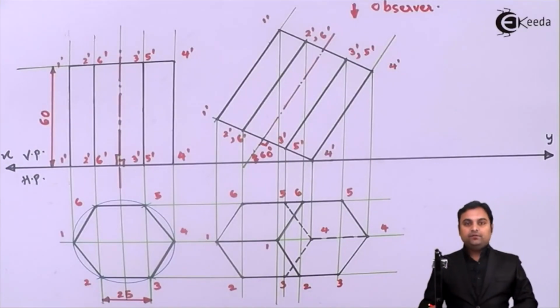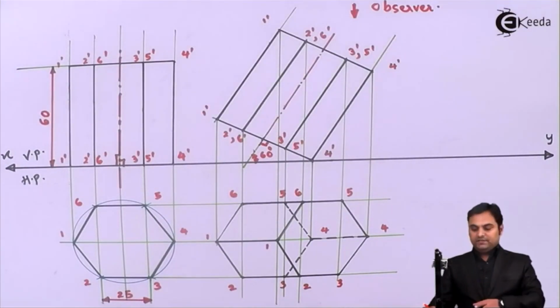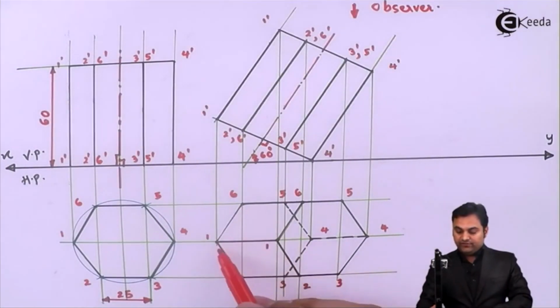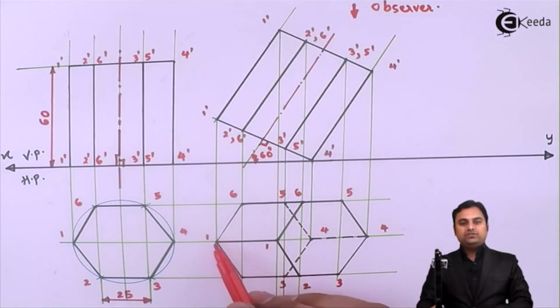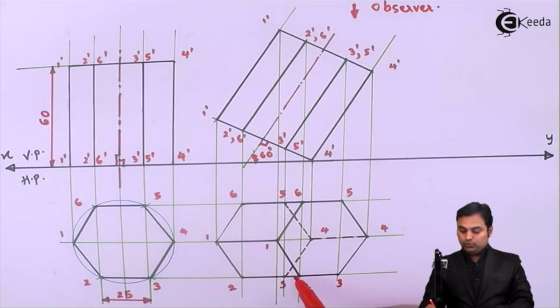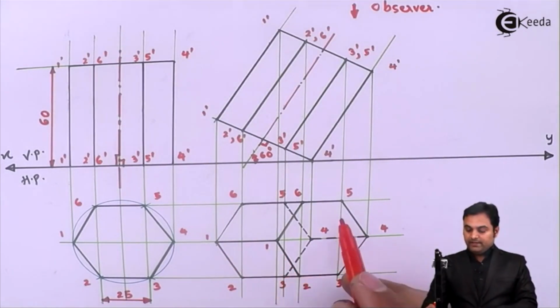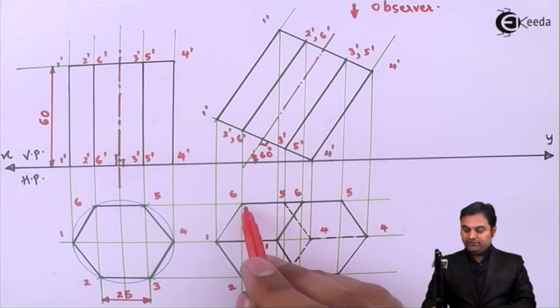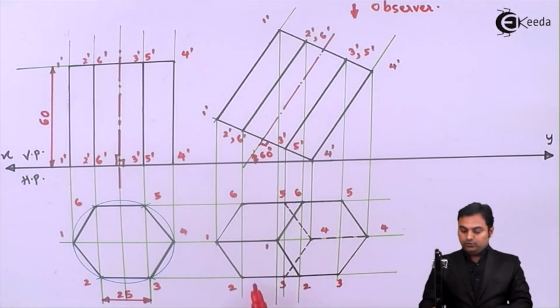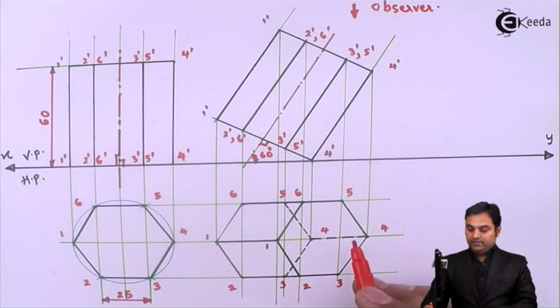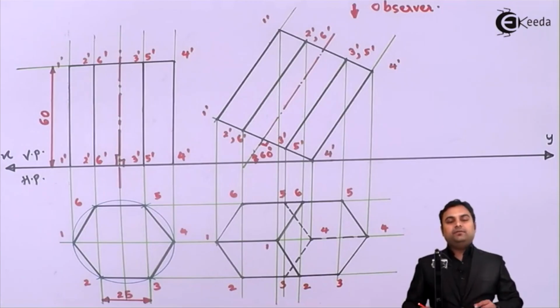And as we see, for this hexagonal prism, the rectangular faces 1, 6 is visible, then 1 to 2 is also visible, and then the other rectangular faces, that is 5 and 6, is seen with the help of a line. Again 2 and 3 is seen with the help of a line, and the remaining 2 rectangular faces are hidden. So with this we complete the problem.